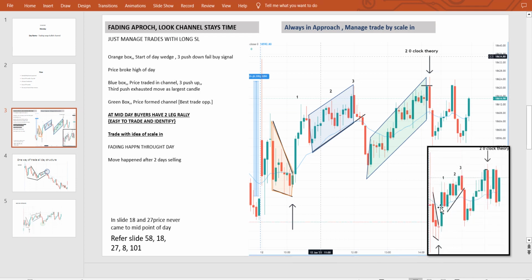You can observe it as well. There is no pressure going on. Three pushes are there. Three candles are there. Almost an hour. So what will happen is that it will go opposite direction of the wedge. Your risk is small, very small, but profit is high.